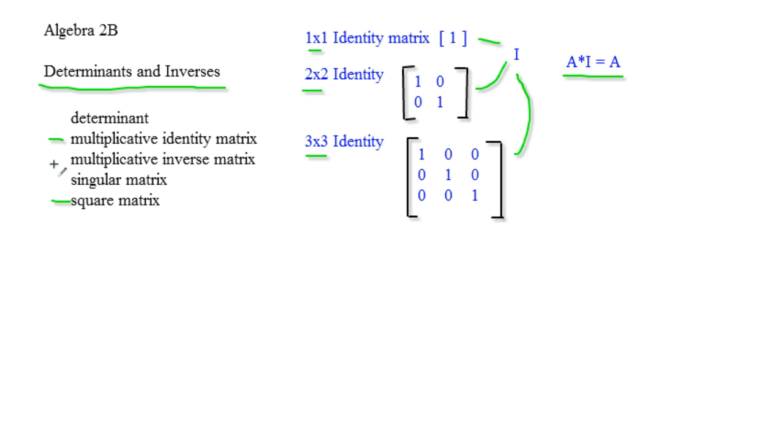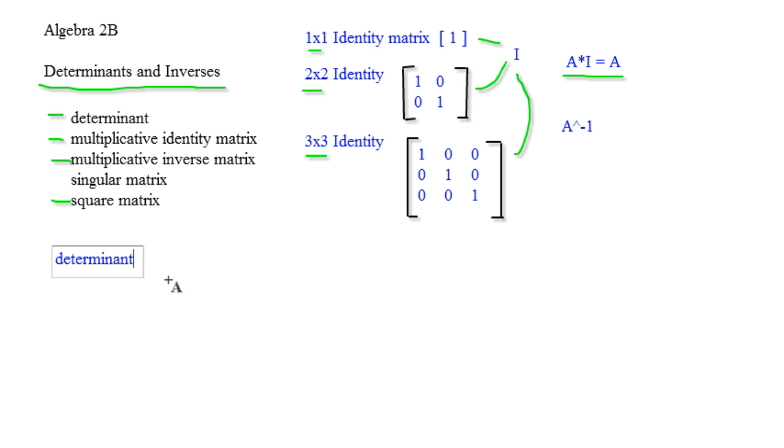Alright, now the multiplicative inverse property. Before we actually get to that, we need to talk about the determinant, because the determinant actually helps find what the inverse matrix is going to be. The determinant can be used for a lot of things, and in higher level maths it is used as what is called an eigenvalue, which you use in linear algebra quite a bit.